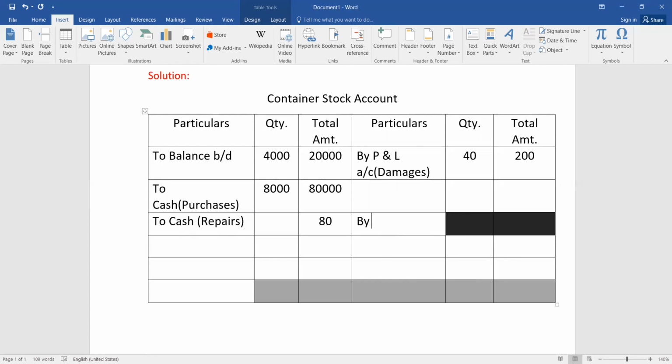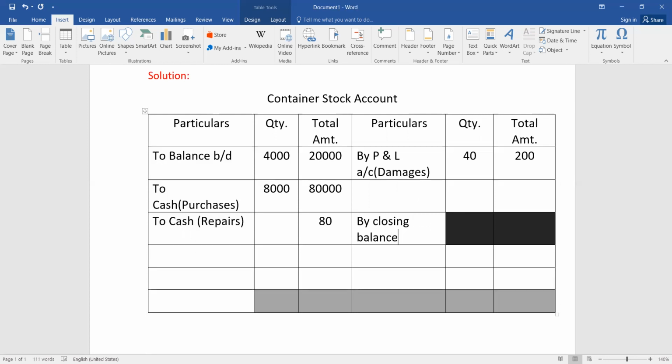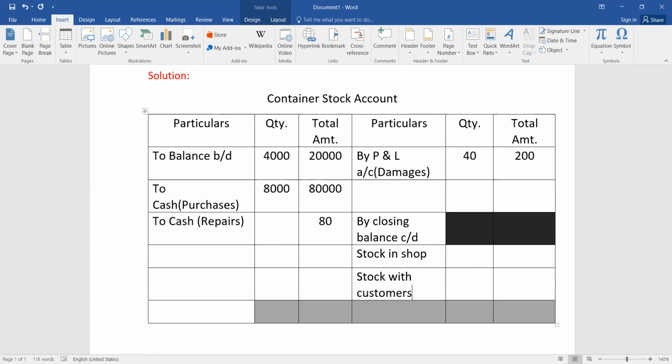I leave one line and then take the closing balance carried down. So as I told you, the stock at the end is being divided into two parts: stock in the shop and stock with the customers, for which we need to prepare the working note.